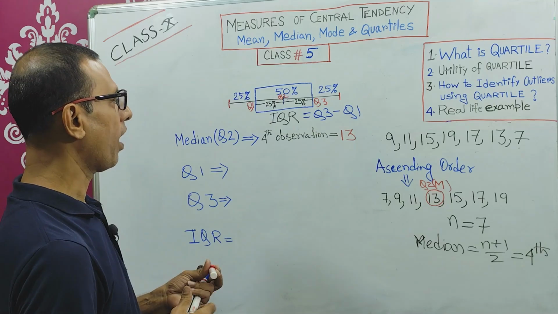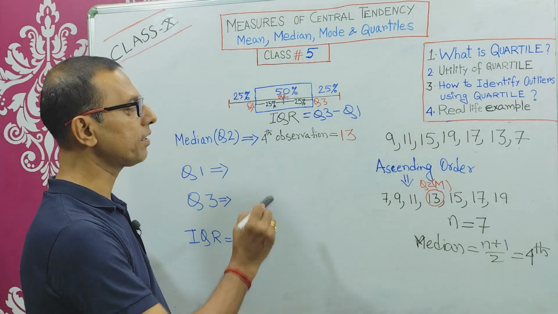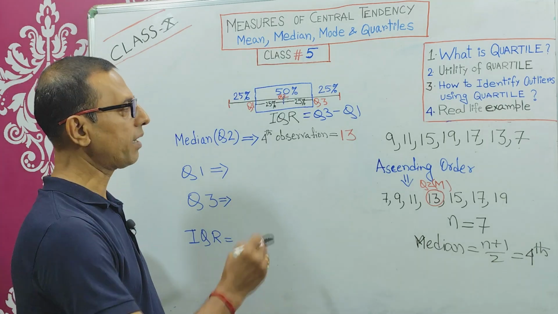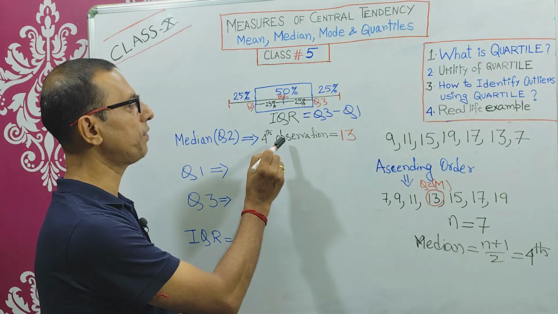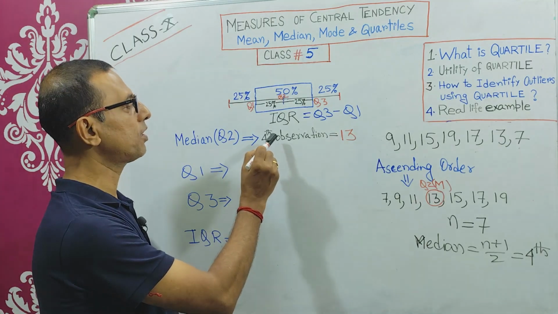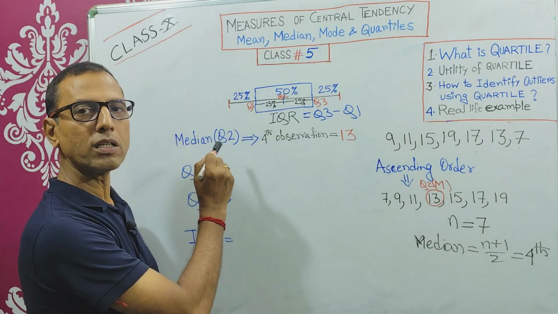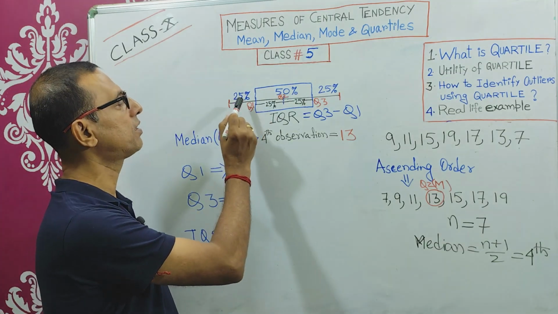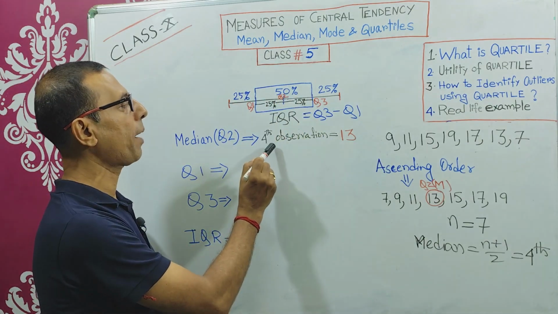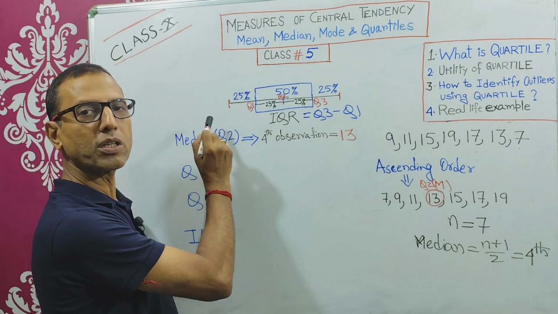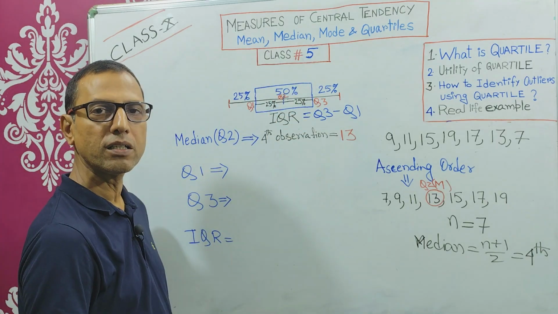Now, once you determine the median and which position it is in, the fourth observation, that means you have 3 data points on both sides, because if it is the fourth observation, you have 3 data points on the left side of the median, that is the side of Q1. And since you are dividing the entire data set into 4 equal parts, if you have 3 data points before the median, you will automatically have 3 data points after the median, right?